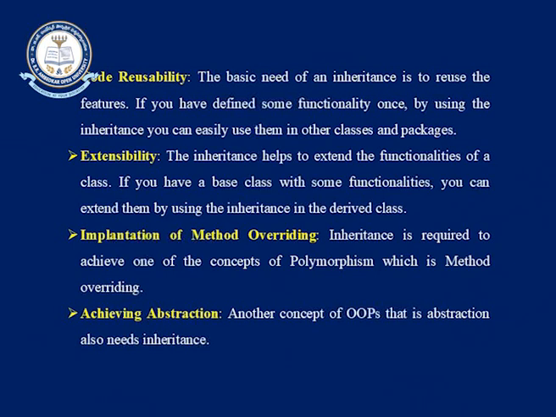Then you may have a doubt: what is the use of inheritance? Why should we inherit the properties? Because we want to reuse the properties of one class in another class. The accessibility of the properties from one class to another is also very important, because you declare them only one time, but you use those properties more than one time.